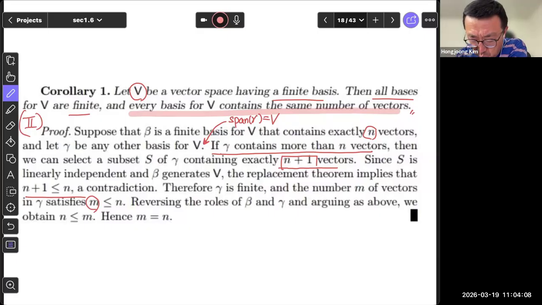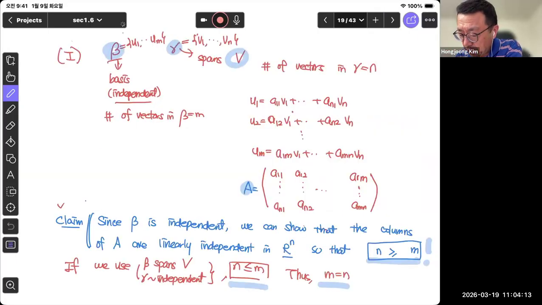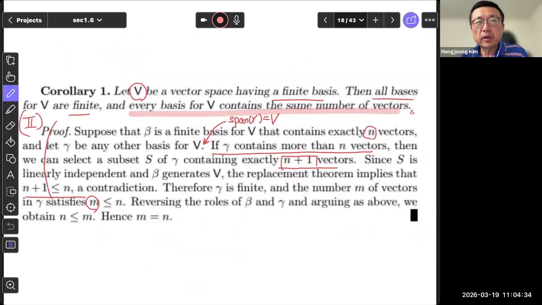So this one corresponds to the portion up to this one, but I'm using some matrices. I just use the fact that each vector can be represented in terms of another basis. So that's what I used in my proof. In the textbook, the corollary is using the replacement theorem to derive this inequality.